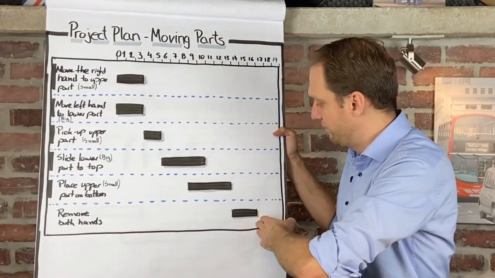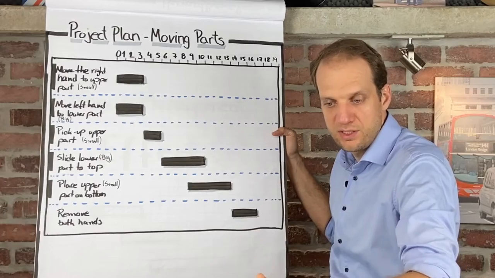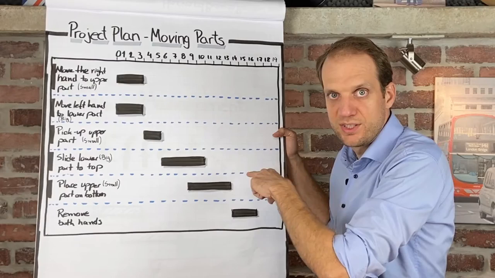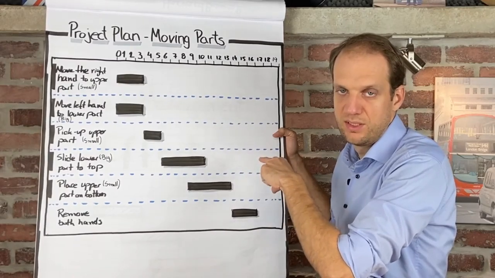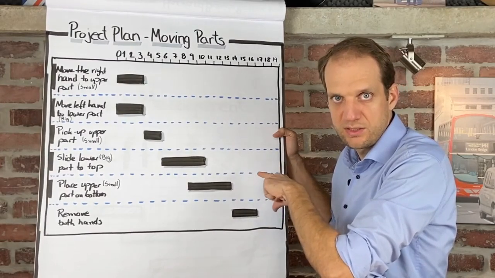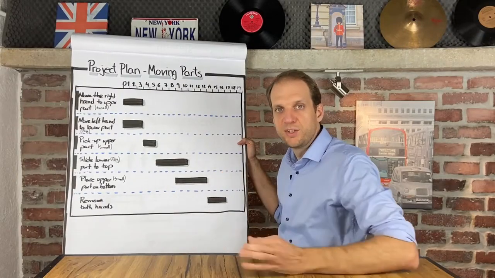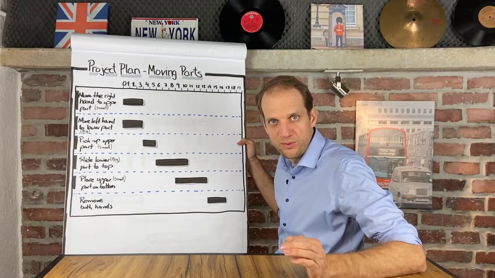The project has been finished within the time, within budget, and with the desired quality. Was the project manager who executed and controlled this a good project manager or a bad project manager? You don't know. You just don't know.